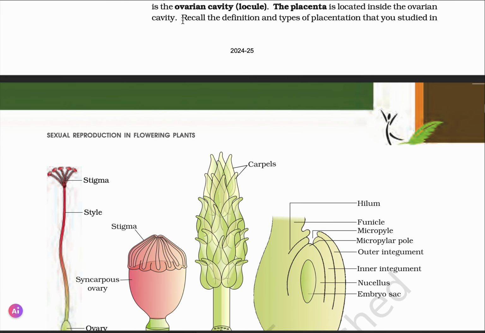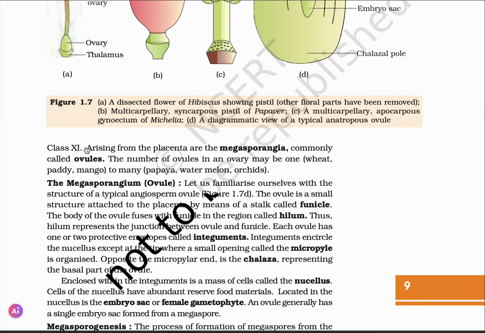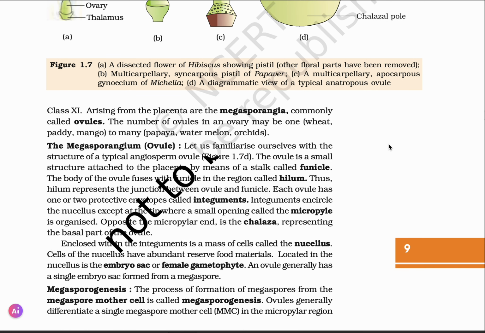In the previous class we studied different types of placentation and their definitions as well. Arising from the placenta are the megasporangia, commonly called the ovules. We need to remember that megasporangia arise from the placenta, and they are called ovules. The number of ovules per ovary may differ.